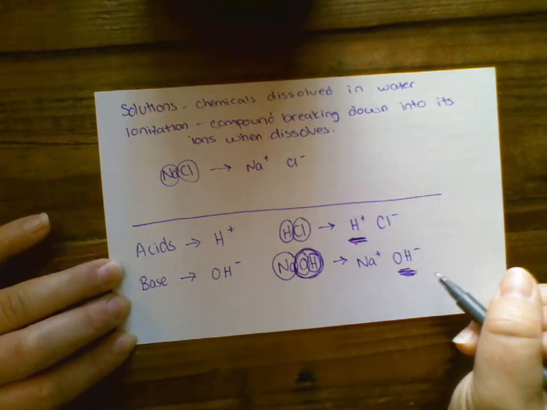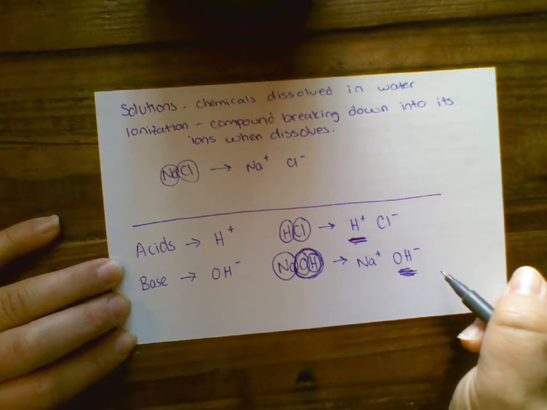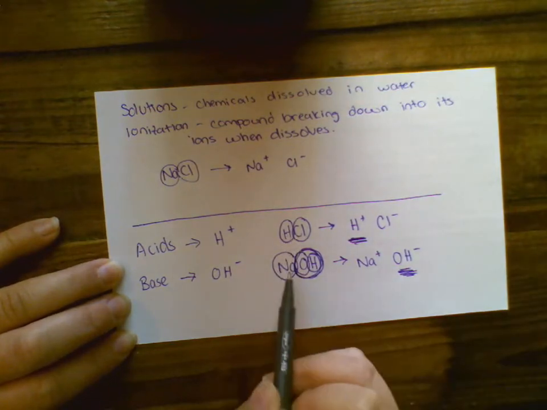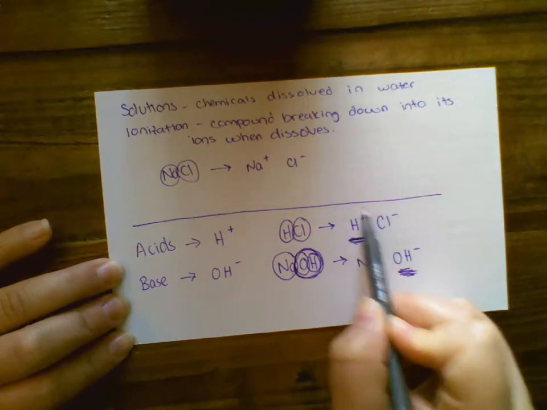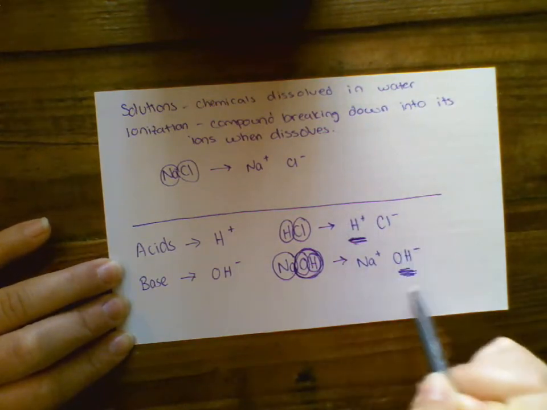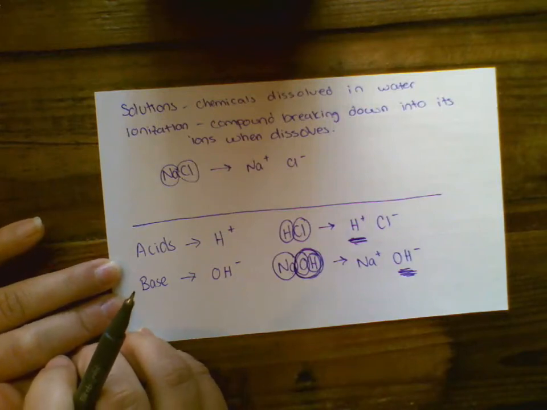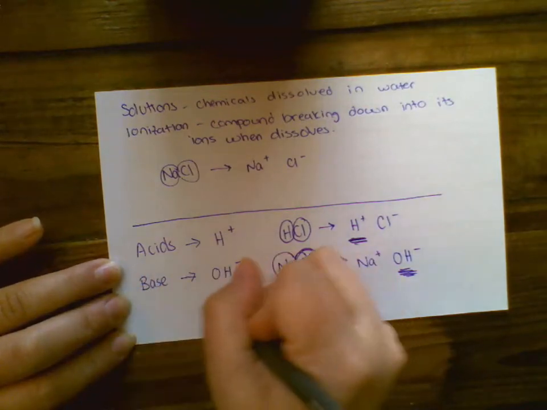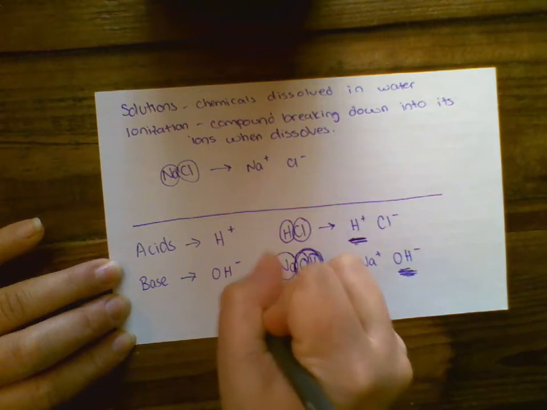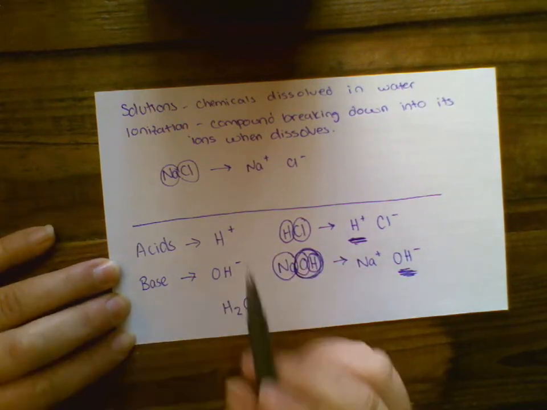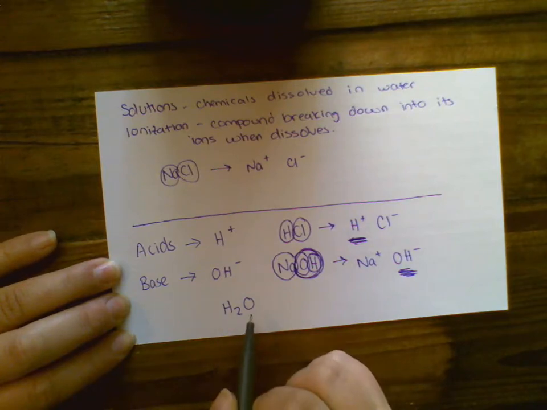Okay? So all we're going to practice today, the only thing you're going to have to worry about is looking at these compounds and breaking them down to either have an H plus or an OH minus. Okay? You want to see something really cool? If you think about water, right? So water is an oxygen attached to two hydrogens.